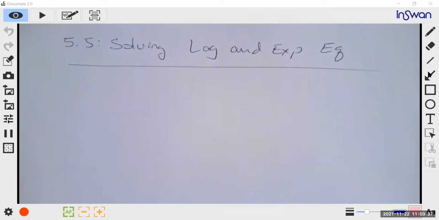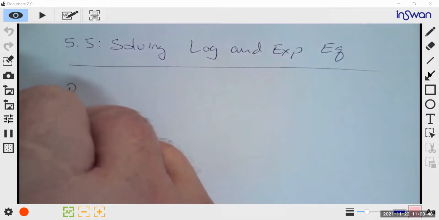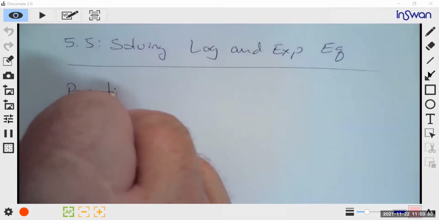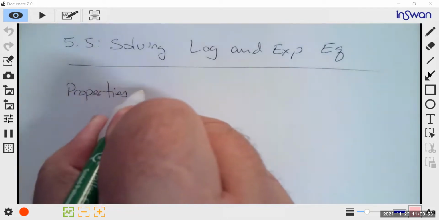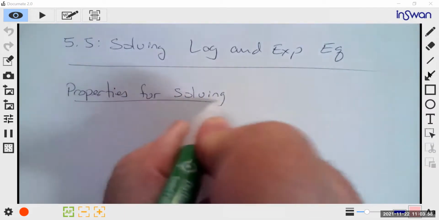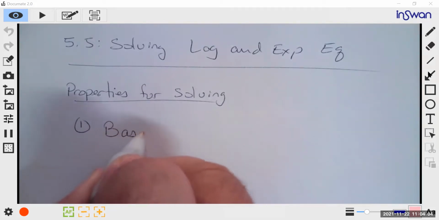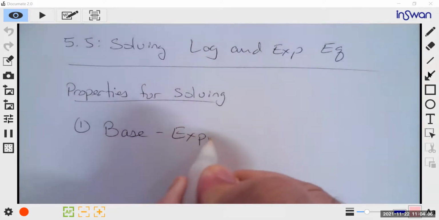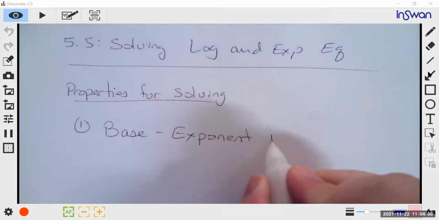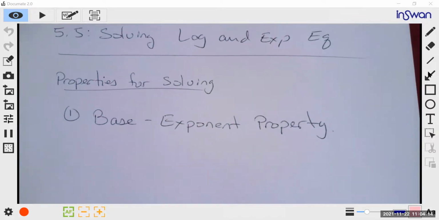Solving log and exponential equations. We have 2 properties for solving these equations.